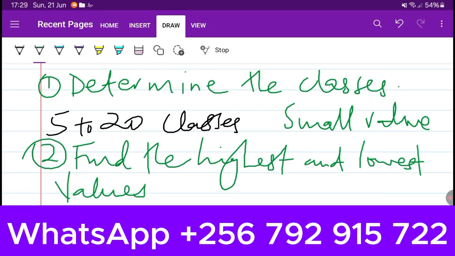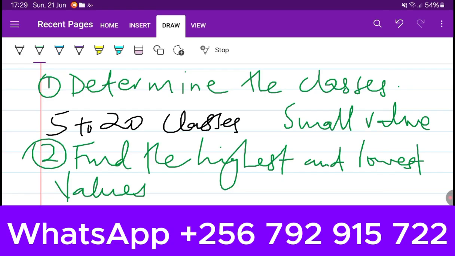Why do we need to find the highest and the smallest value? Because we need to compute the class width. You will be given data that is just numbers, whole numbers, and they could be decimals, but they are just numbers. So you have to identify the highest value and then the lowest value.